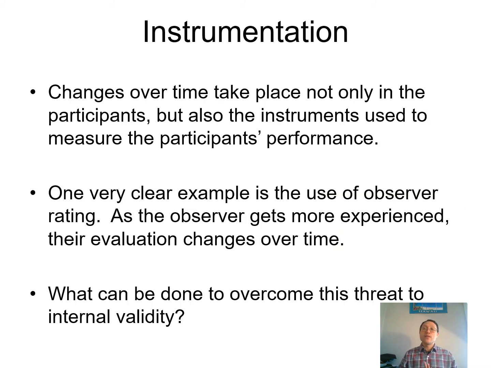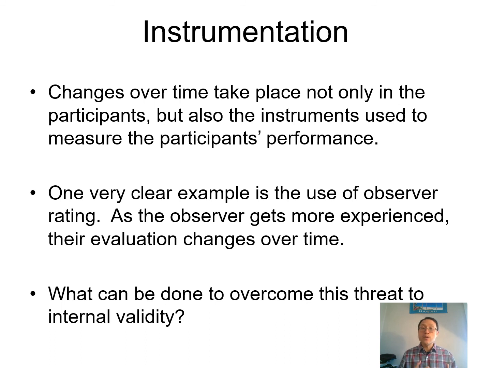Okay, so now let's talk about our fourth threat to internal validity, and this is instrumentation. This is the change over time that is not only due to the participants but also due to the instruments used to measure the participants' performance. One very clear example is the use of observer ratings. When the observer gets more experience, their evaluation changes over time.